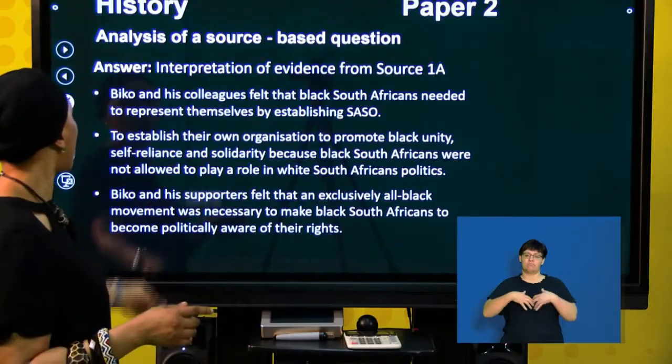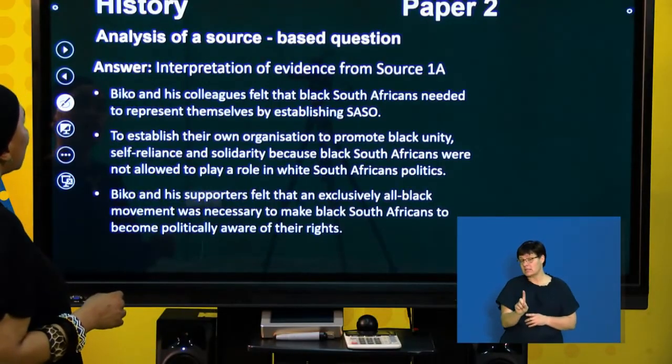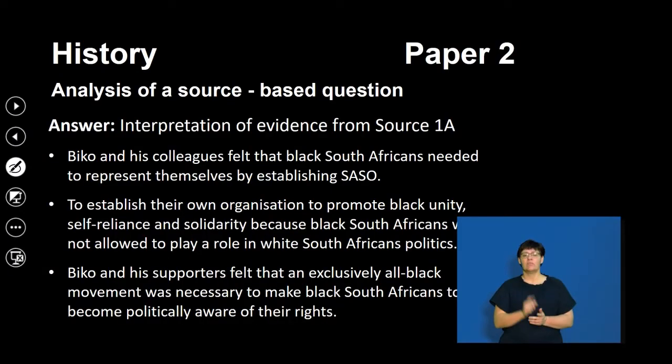Okay, so now if you look at the possible answer there, you're expected to interpret evidence from the source. So these are the possible responses. Biko and his colleagues felt that black South Africans needed to represent themselves by establishing SASO. Another possible response could be to establish their own organization to promote black unity. Okay, very important. To promote black unity, you will find that these are in the source.